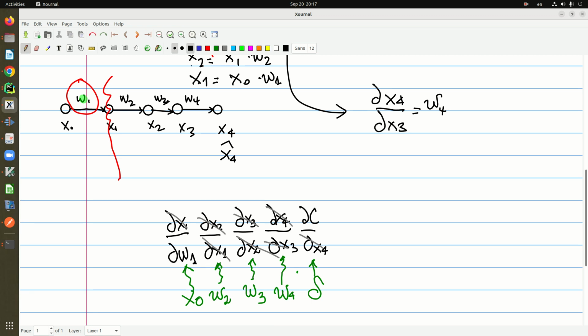In other words, the rate of change of cost over W1 is given by the formula x0 times W2 times W3 times W4 times delta.